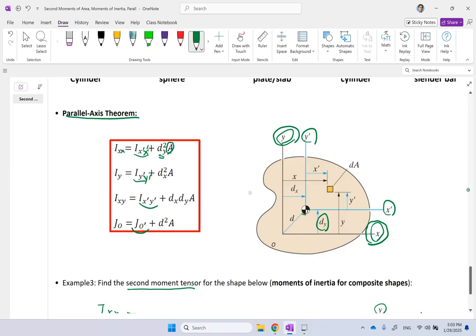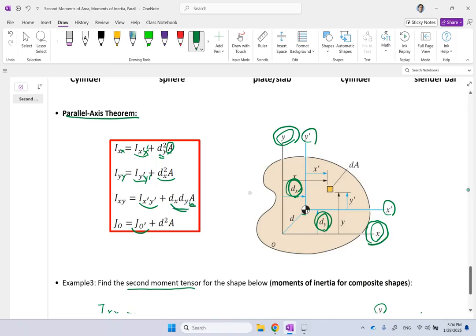Similarly, if I want to go from y prime to y, what do I do? I take the y prime, and then I multiply the whole area A by the distance between these two, which is dx squared. If I'm going to go from product to product, I multiply A, but this time, since there is x and y, I have to multiply both of these distances together.